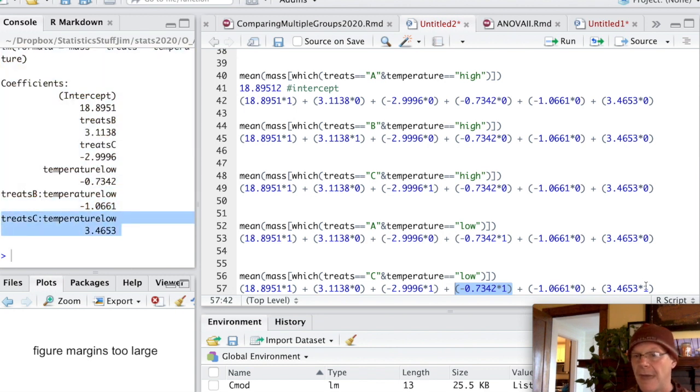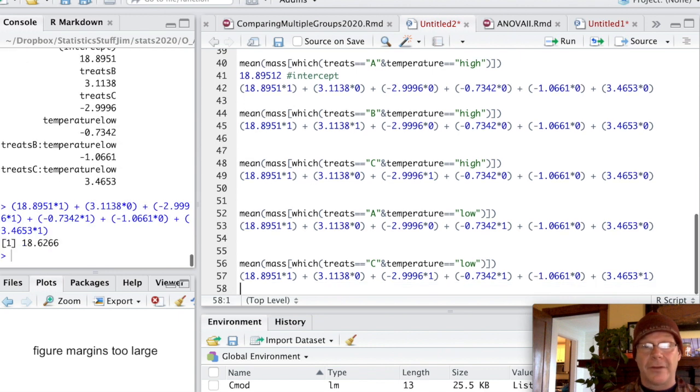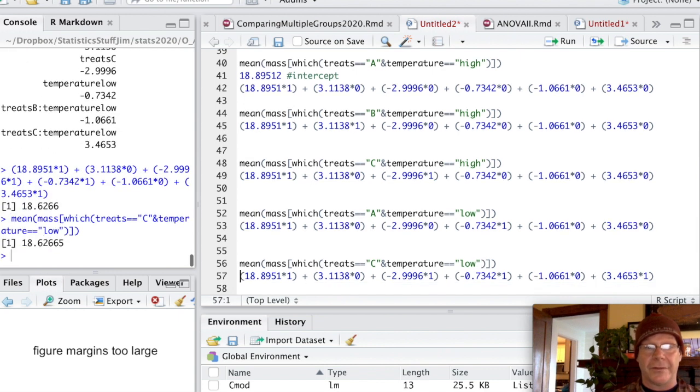So we're going to include that parameter in the model, and we're dropping out temperature low treatment B. And so again, it's just a matter of turning on and off all of these switches that are involved with our factorial design. There are 6 possible combinations, and all we have to do is know what switches to turn on and off, and we will get the expected value. And so there we have it, 18.6266, and that is the actual value for treatment C at a low temperature.